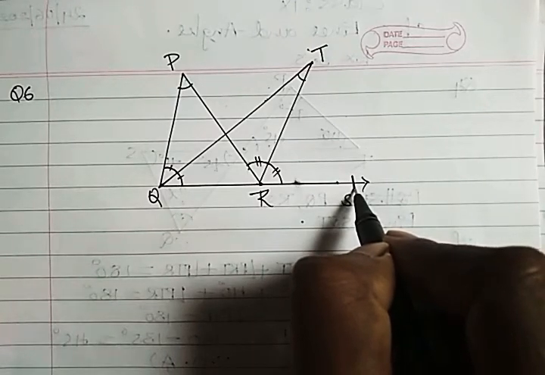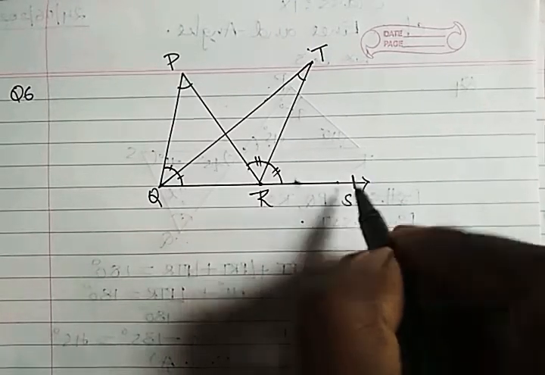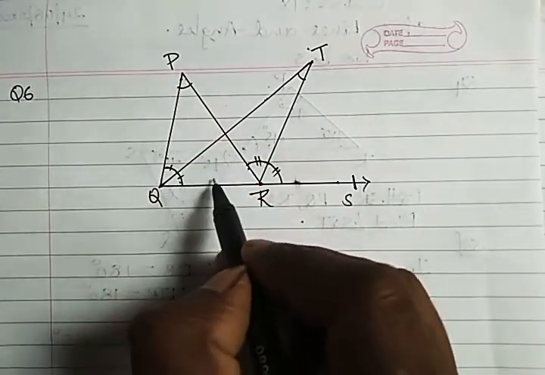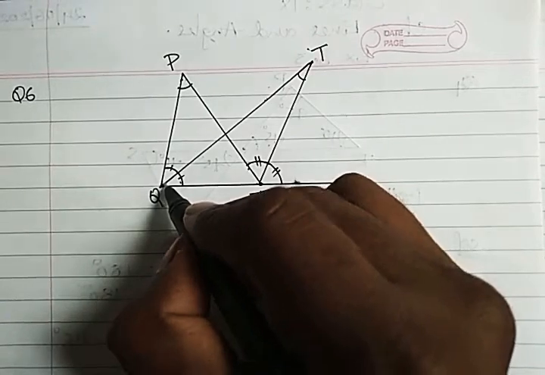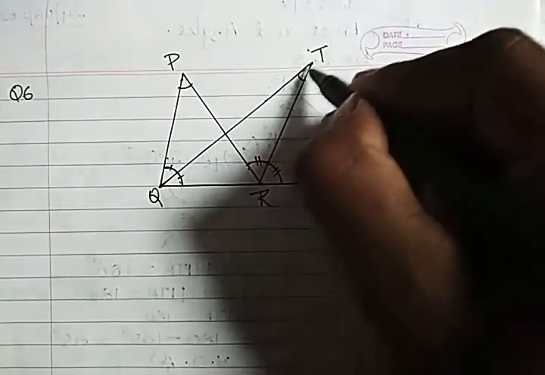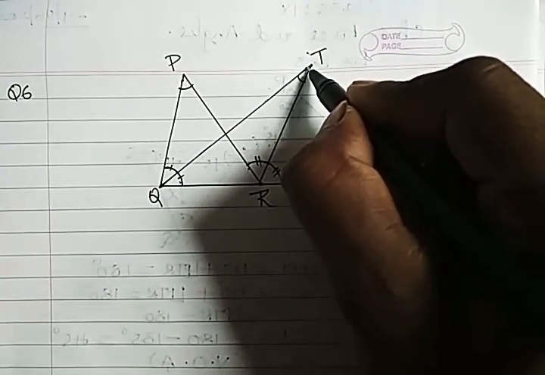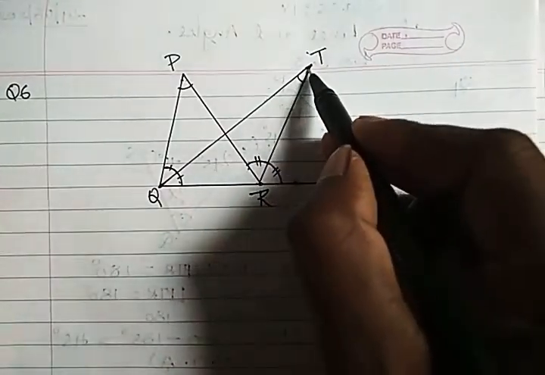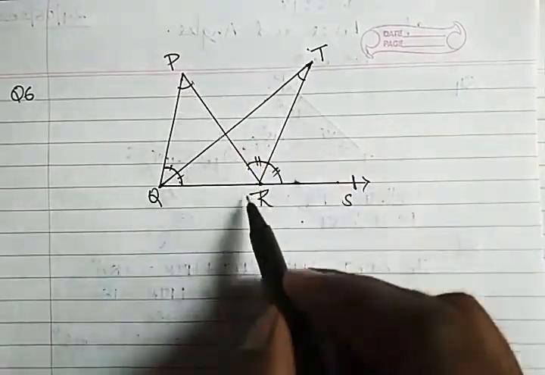Then the bisectors of the angles: in triangle PQR we have angle Q, that is PQR. So here QT is the bisector of PQR and RT is the bisector of PRS.